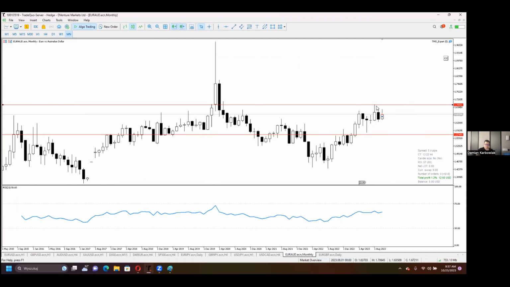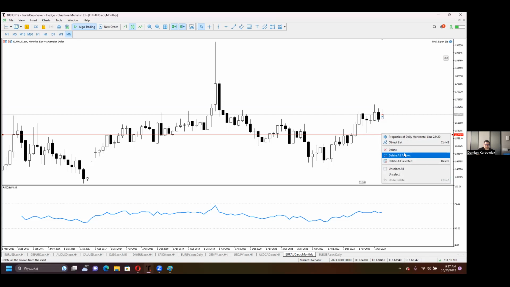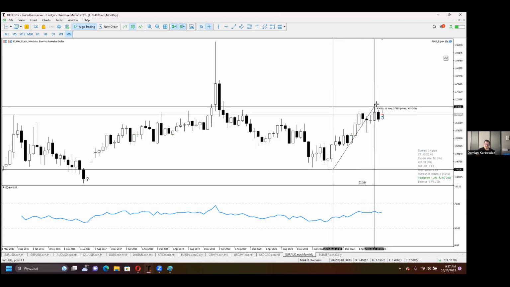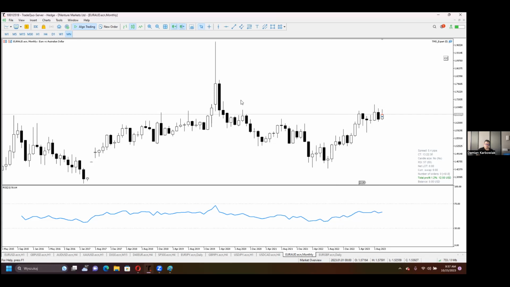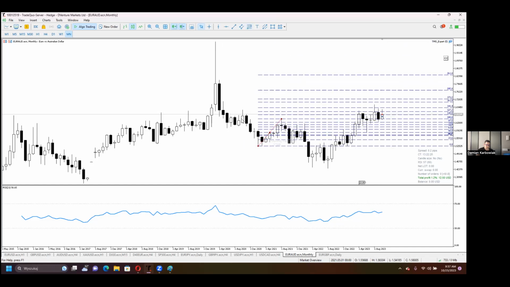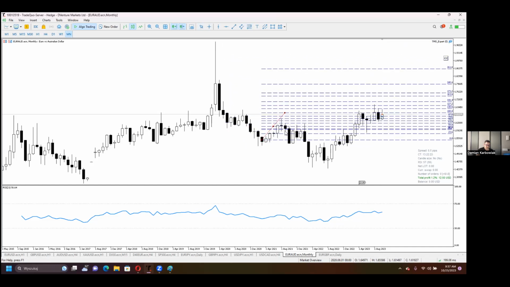So what we have to check is if the wave C is already finished or not. How to do that? All we have to do is just to find the biggest correction in the last movement, which is our wave C. The first one is right here. Previous was smaller.